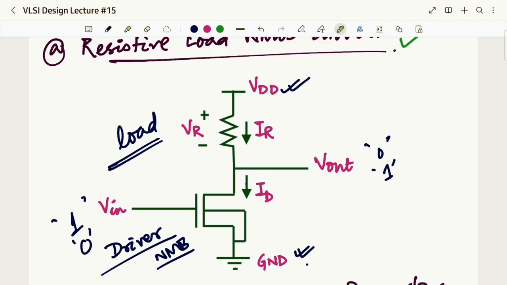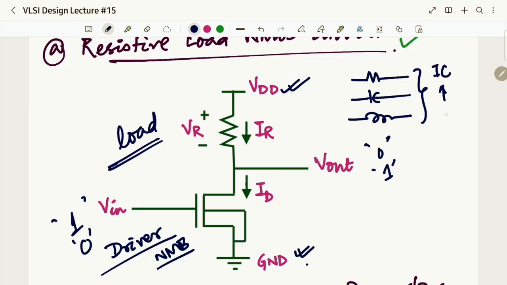We left this circuit because when we are talking about loads such as resistors, capacitors or inductors, when we try to integrate them in our IC, they take up a lot of area.